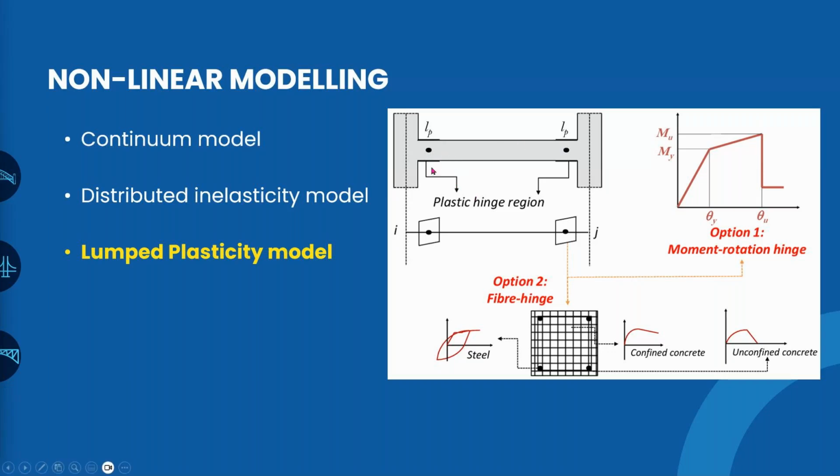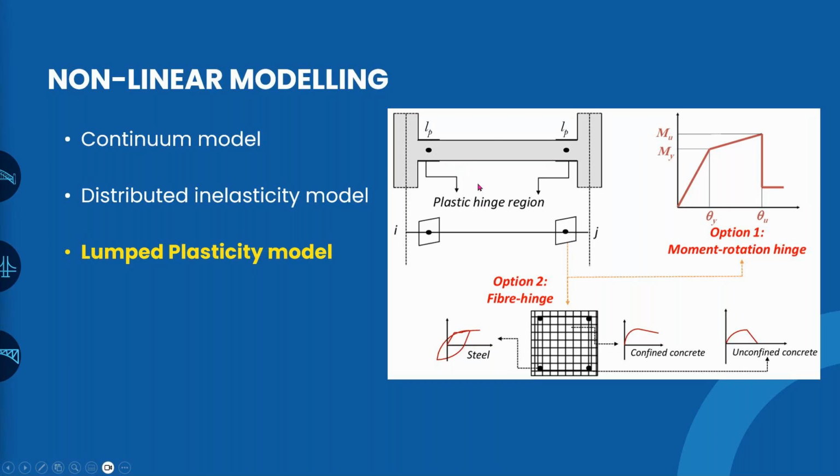So the plastic hinge region in the case of a beam will be at the ends, wherein the maximum bending moment can be simulated. So in this case, the plastic hinge region is this. This is the length LP that we are considering, and there is only one single point at which the plastic hinge computation or the results computation will be going on.